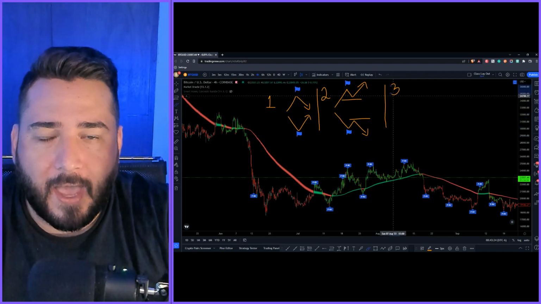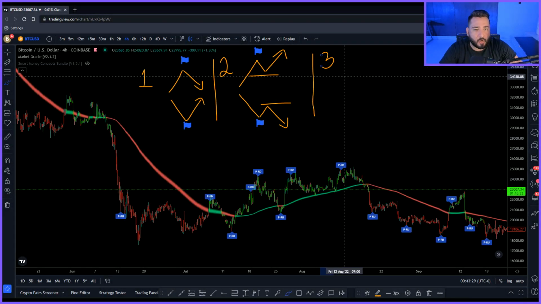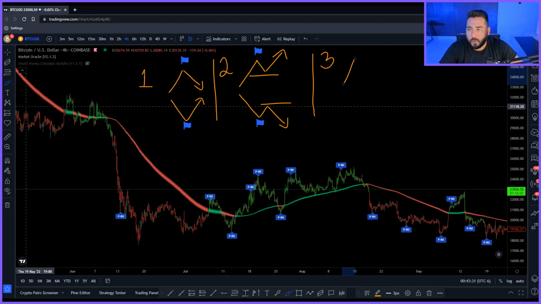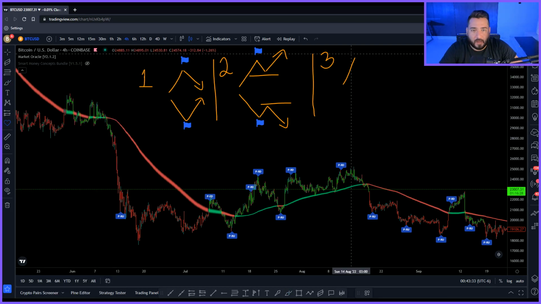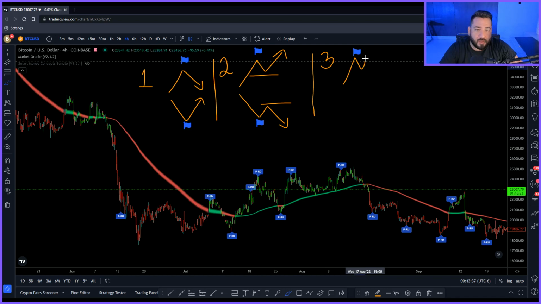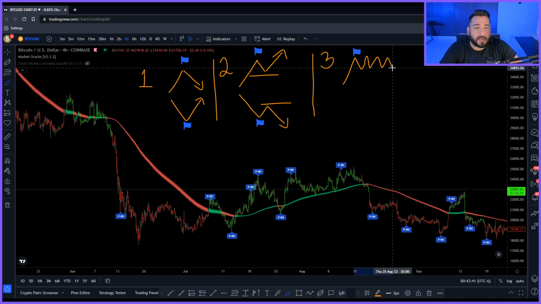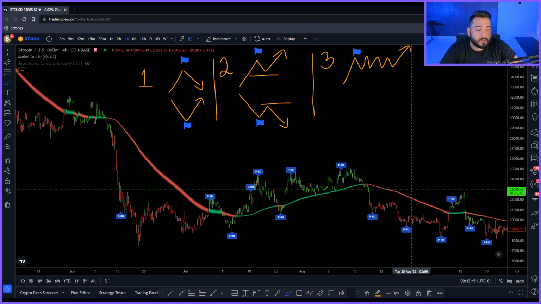Alrighty. So let's take a look at number three right here. It's very similar to the previous one. So in this case, we're going up. We're having that blue flag up here. And then we're going to be seeing the price ranging, right? So when we see the price ranging, we can expect the possibilities to be given for us to follow previous movement.